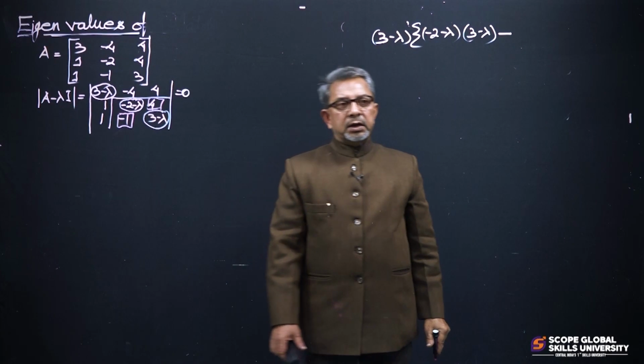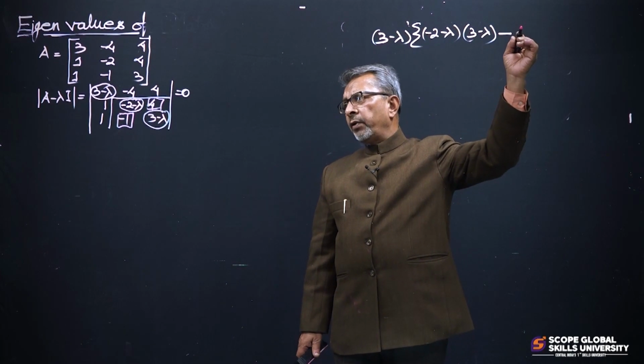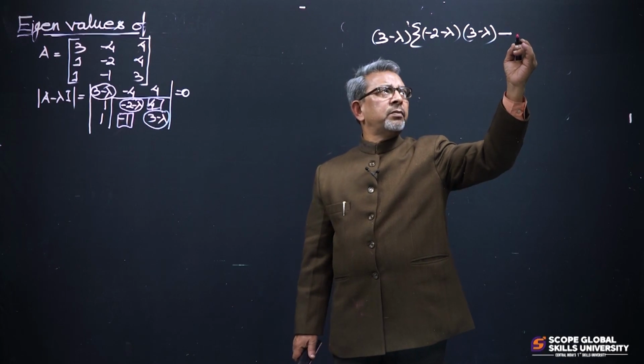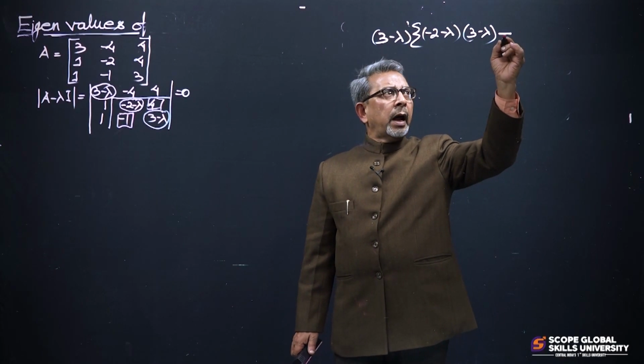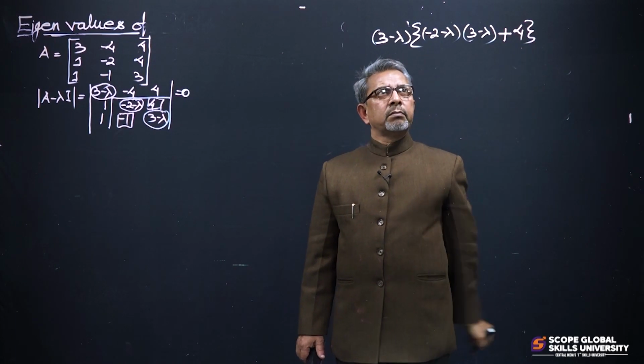You know very well that this is the crosswise multiplication procedure. So, 4 multiplied by minus 1 becomes minus 4, and with the minus sign it finally becomes plus 4.